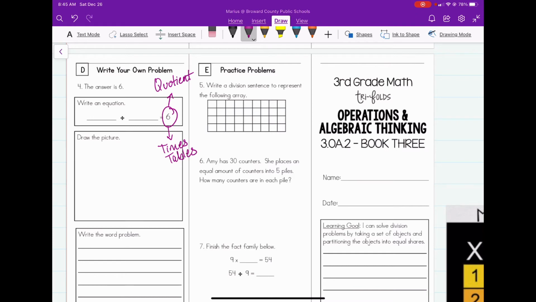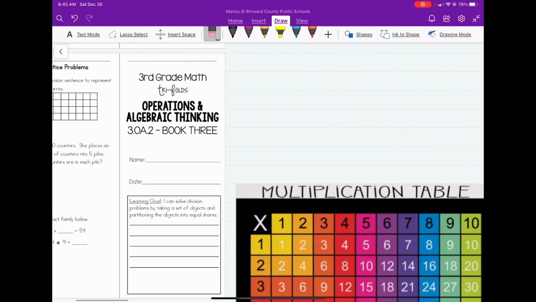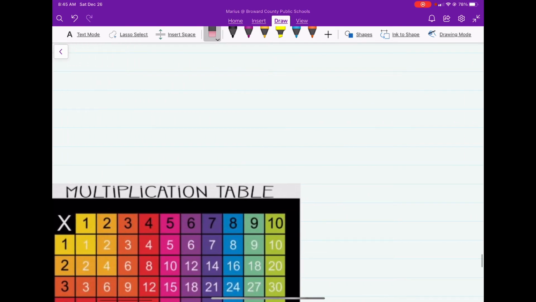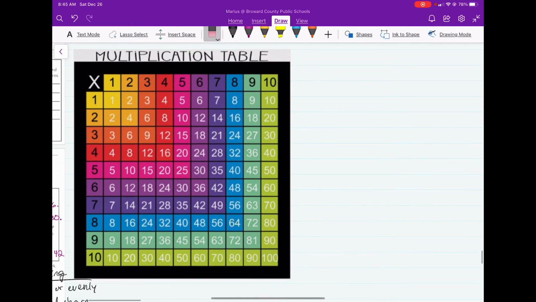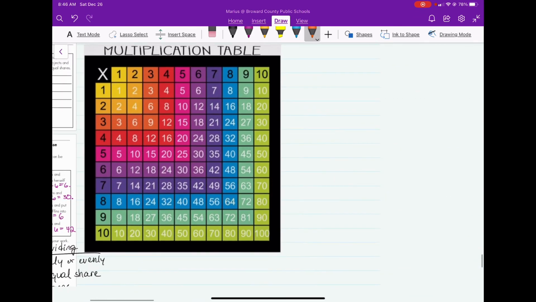Now, the reason being is because we're going to look at our 6 times tables, just all of the multiples of 6, which are right here. Here are all the multiples of 6, right? Now, let's say if we looked at the 12. 12 divided by 2 equals 6.